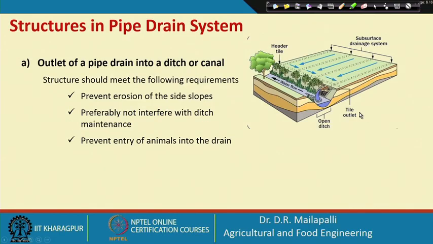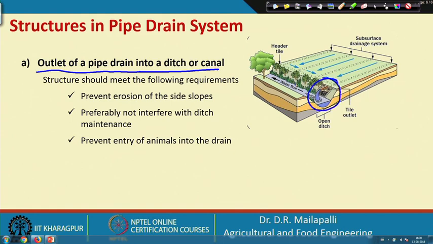Okay, so the structures in pipe drainage. The first thing is the outlet of the pipe drain into the ditch or canal. If you see here, this is the outlet. The basic purpose is to prevent erosion of the side slopes and preferably not interfere with the ditch maintenance.